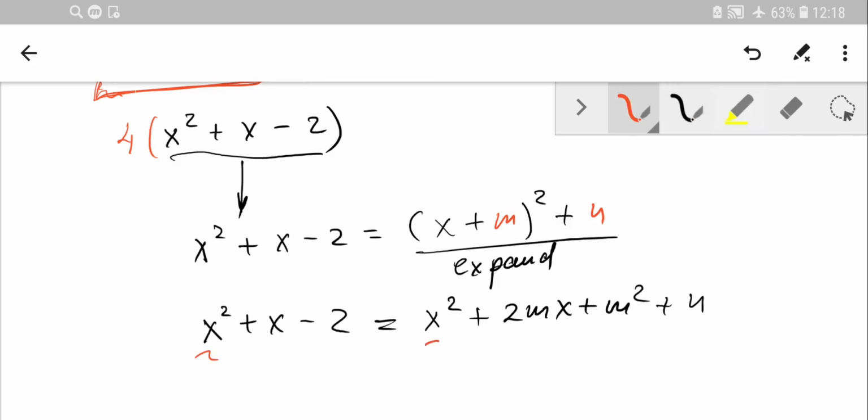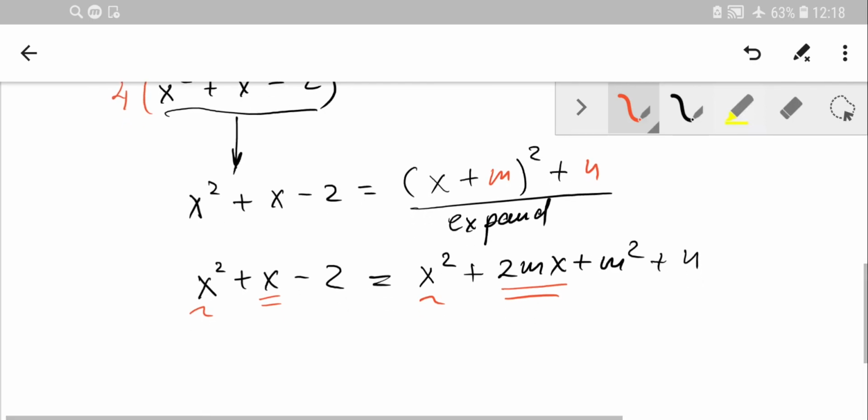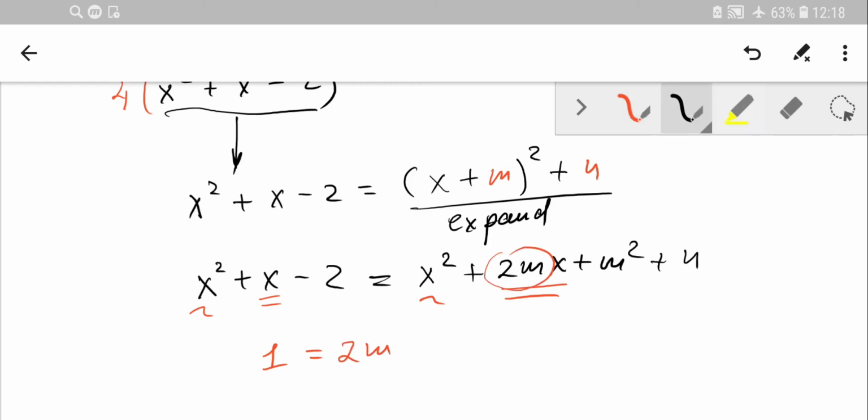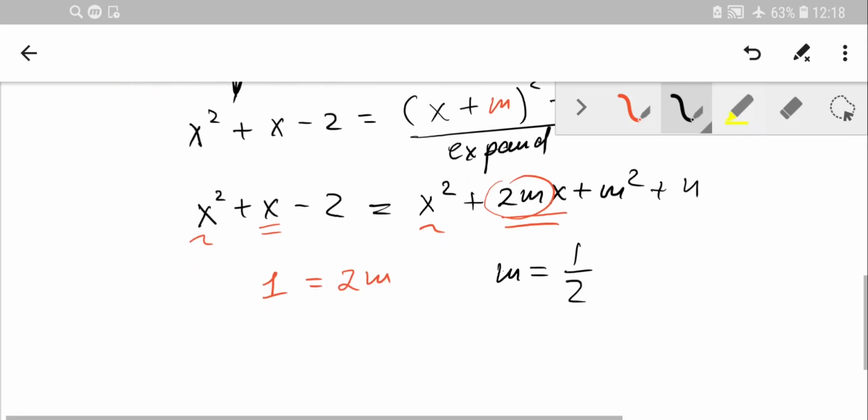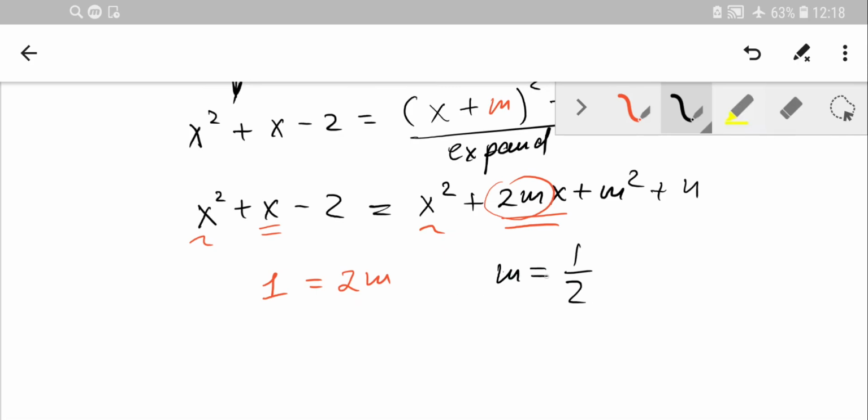So x squared is this x squared, so we don't do anything, but the middle term containing x should correspond to 2mx. The coefficient before x is 1, and here the coefficient is 2m. So we can set up an equation where m is 1 over 2. Having that m is 1 over 2, we compare the free coefficient.